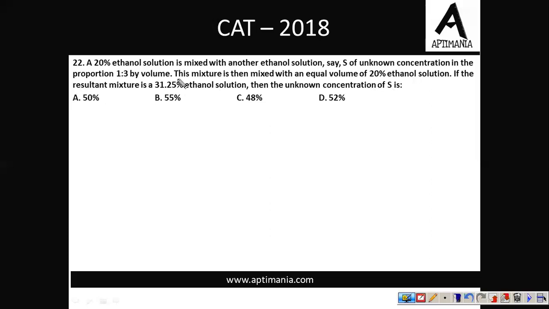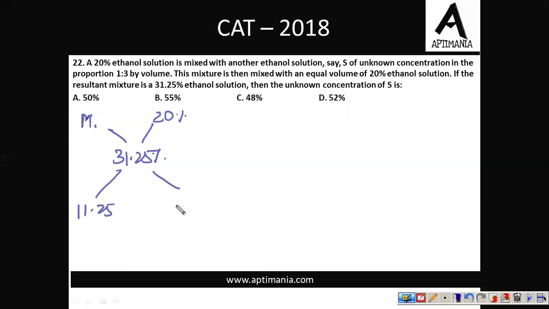So if we apply a backward approach, here's your mixture 1, which is mixed with another 20% ethanol solution, right? And the resultant is 31.25% ethanol solution. So this should be 12.25. Sorry, it should be 11.25.